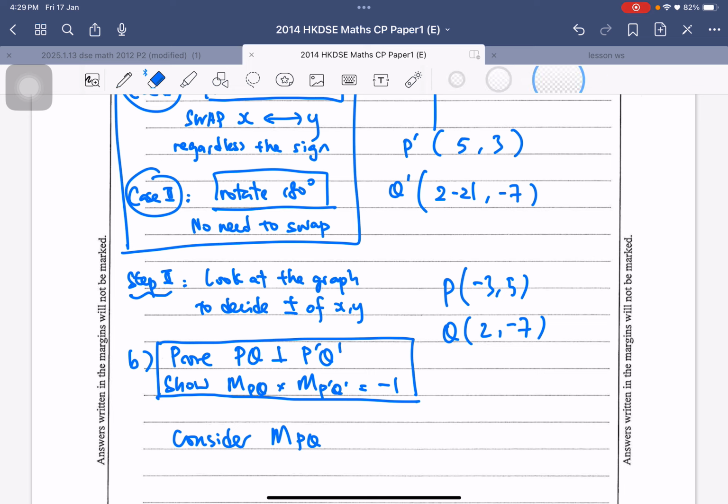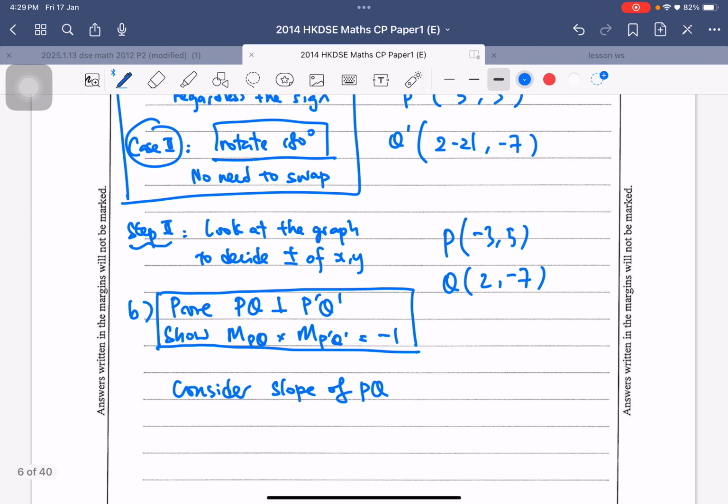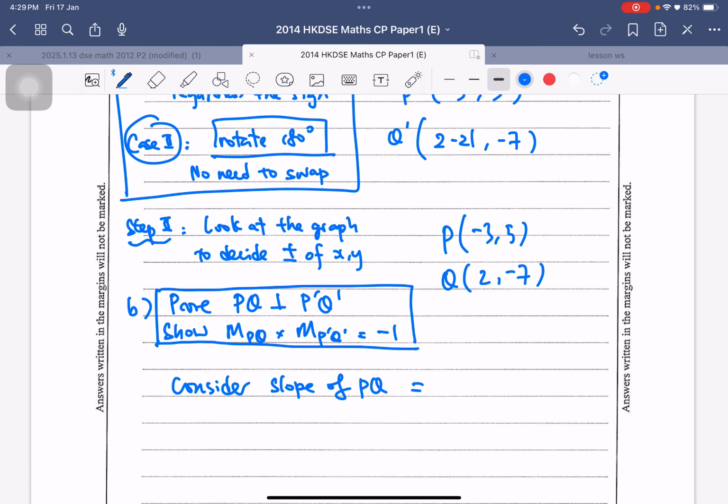The slope of PQ is equal to y2 minus y1, so 5 minus -7, divided by -3 minus 2, giving you 12 over -5. Okay, Zenith, I understand. You jump the steps. You're too fast. Then you need to at least write down what you're actually calculating.